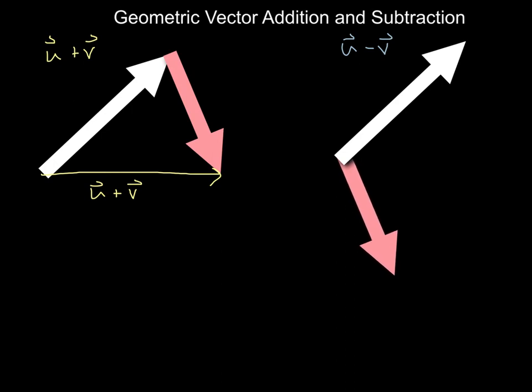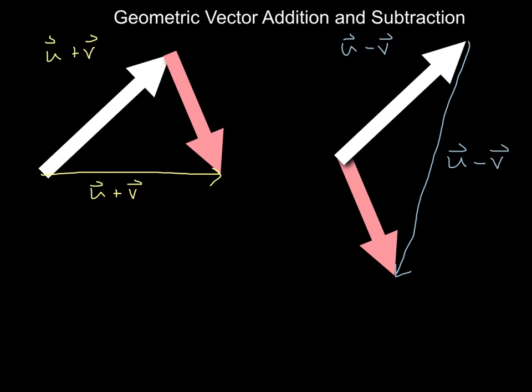In this case, the subtraction of the two vectors is going to be the vector that goes from the tip of v to the tip of u. It's going to be the vector that goes from here, let's pretend that's a straight line, to there. That is going to be vector u minus v.